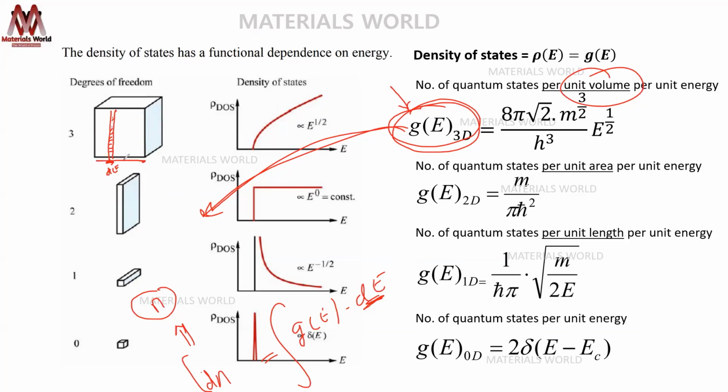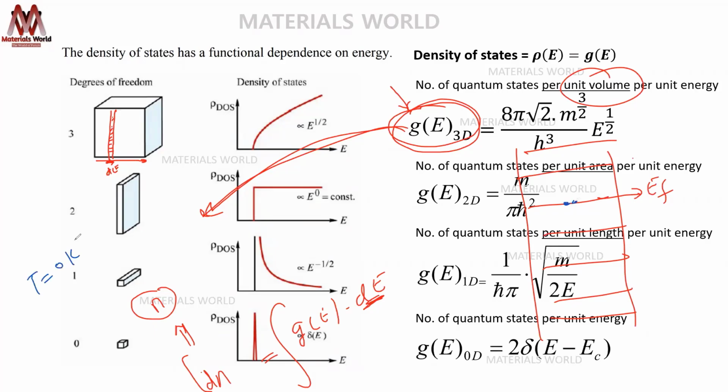Up to what? Let me draw different energy levels. Let's say this is the topmost filled energy EF, at 0 Kelvin. Let me assume my temperature is 0 Kelvin.